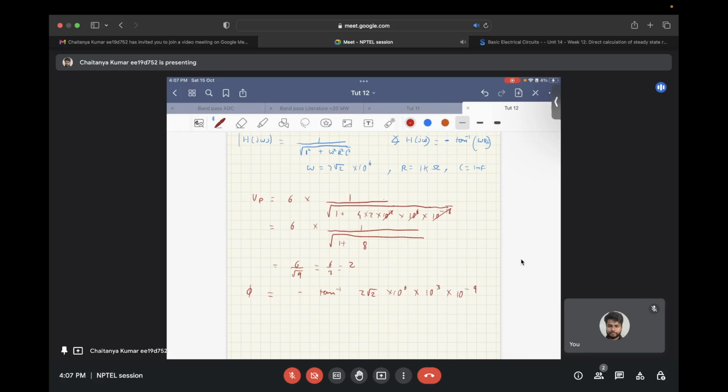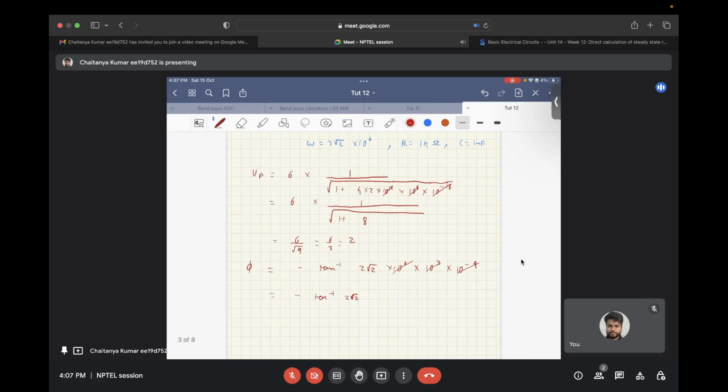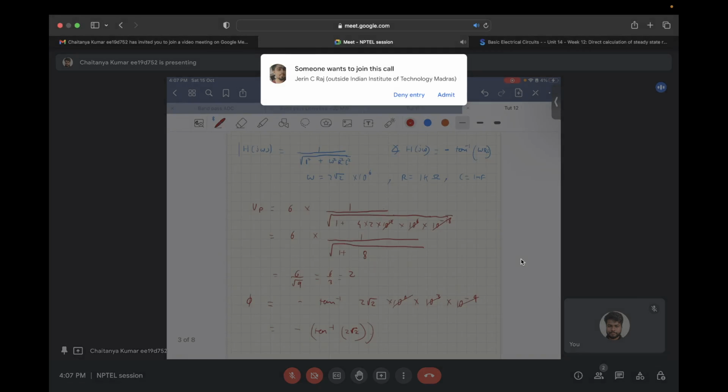So again, the exponentials are cancelled, and what we have at the end is minus of tan inverse 2 root 2. So this can be computed in either degrees or radians. We will leave it in that form. So yeah, this is how you need to solve this question.